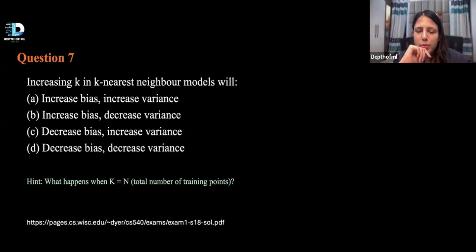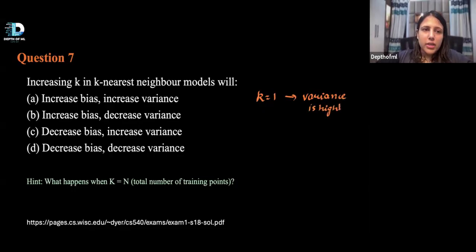Okay, so when K is equal to 1, we know that this is overfitting. So the variance is very high, right? Now let's talk about K equal to N. Then we know that variance is high for K equal to 1, and it's kind of overfitting.